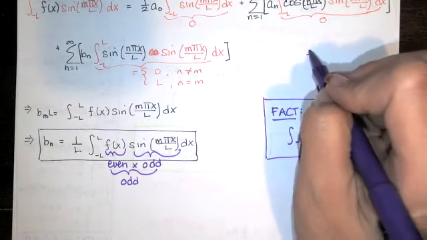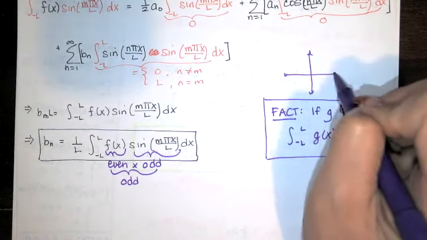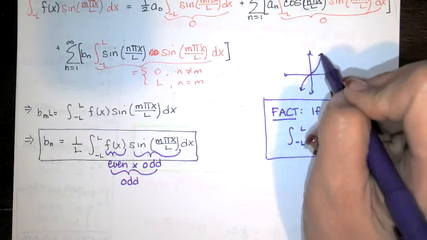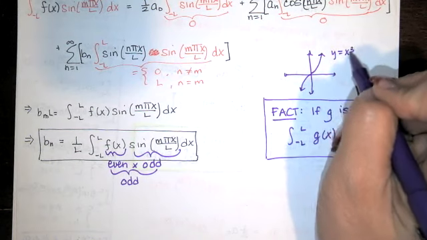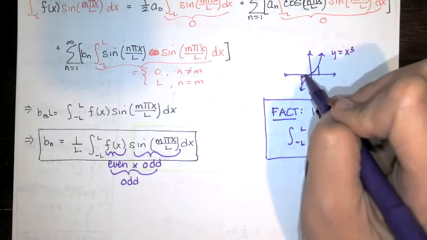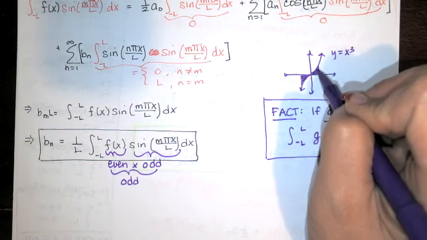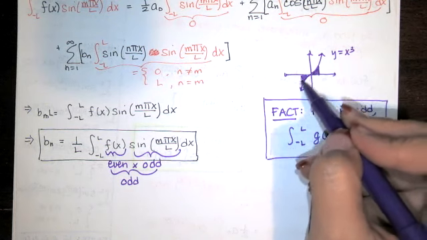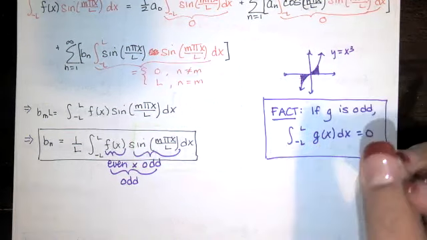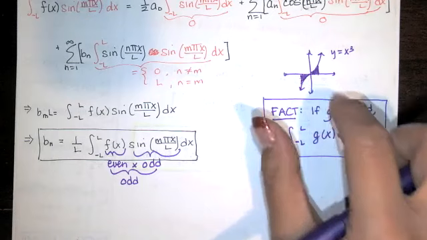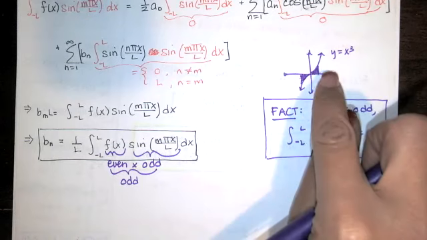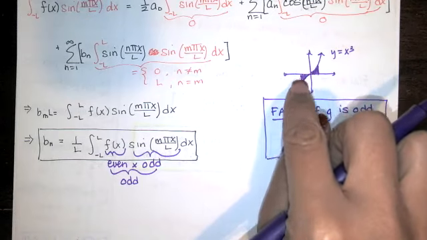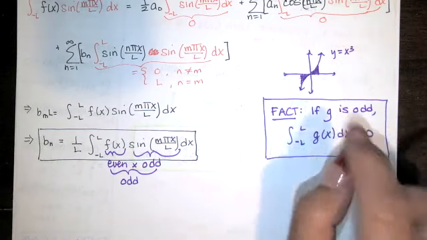And just to give us a way to visualize that, let's look at y equals x cubed. If I take the area on the left and the area on the right, those areas are the same, but they're counted with opposite signs because one is above the x-axis while the other is below. So that area will always be matched by that area and they'll cancel.